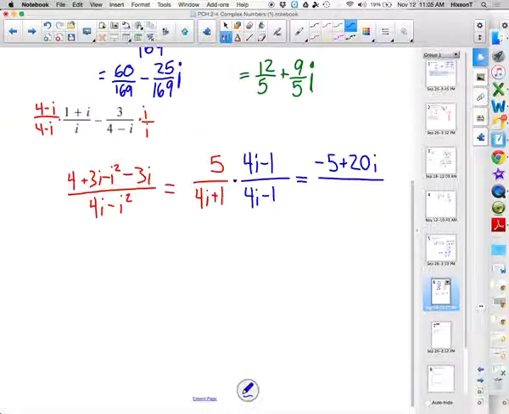Negative 17, right? Negative 17. So now, in standard form, it's going to be a positive 5/17 minus 20/17 i. Okay?